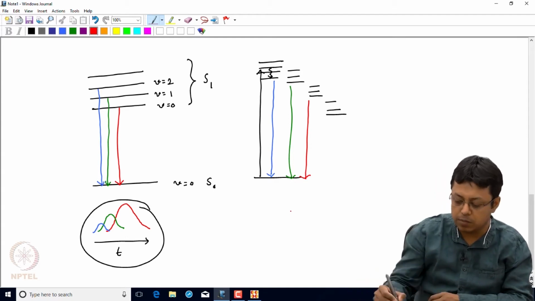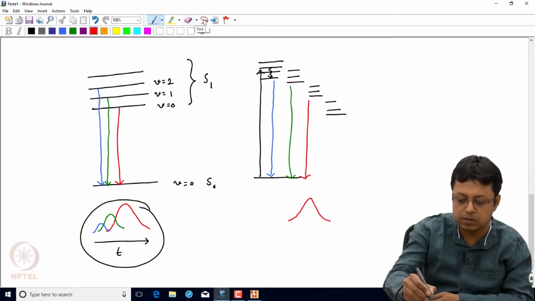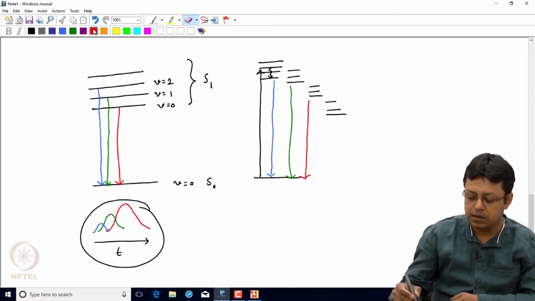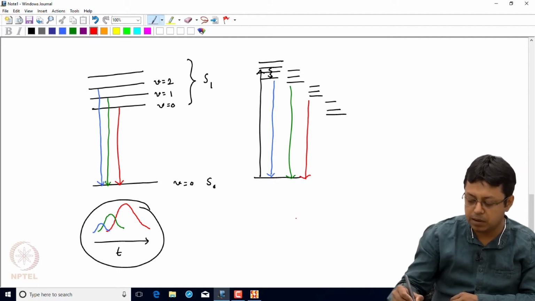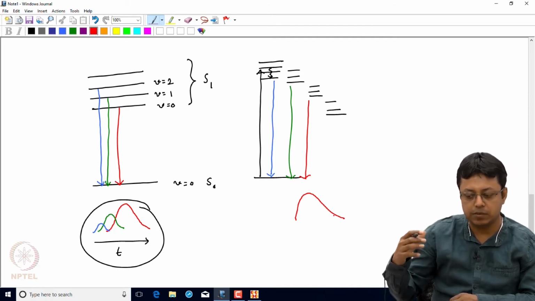And by a similar argument we will see there will be a spectral evolution. The fluorescence spectrum will evolve with respect to time. As you see, the fluorescence spectrum will shift with respect to time, and will have a predominant contribution of fluorescence coming from the V equal to 0 state at a later time, where the molecule has relaxed.